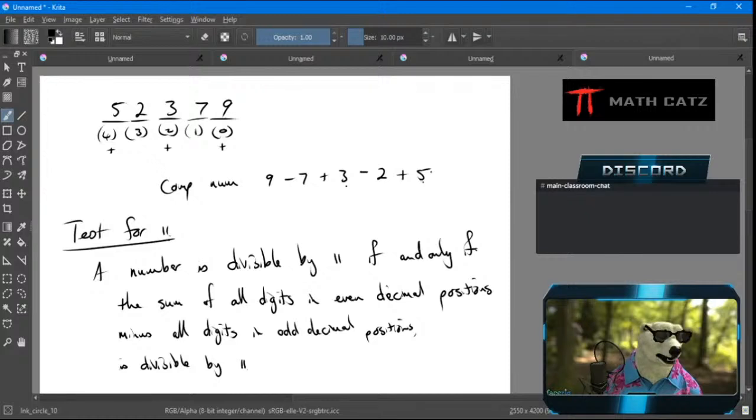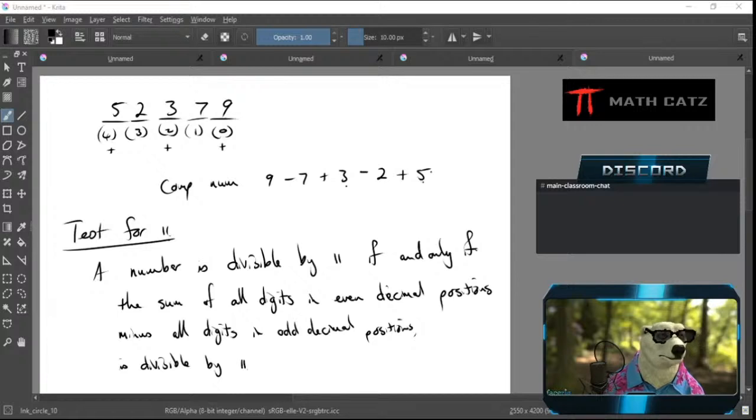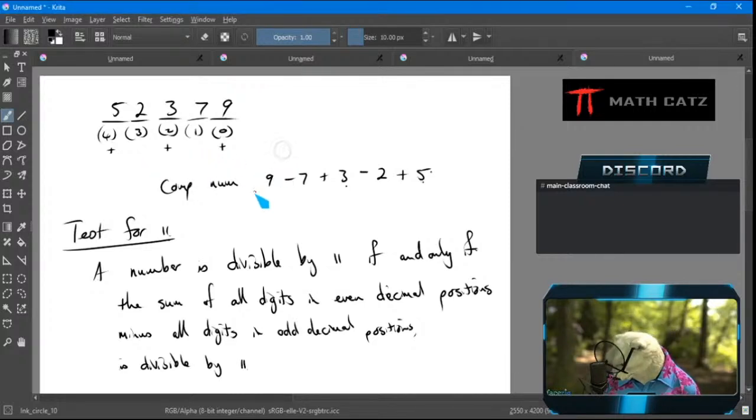Okay? So however you want to phrase it, I'm not going to ask you to phrase the test for 11. You just have to be able to use it. So regardless of how you want to remember it, using the decimal positions as a reference to where the digits sit is one way to phrase the test as cleanly as possible.